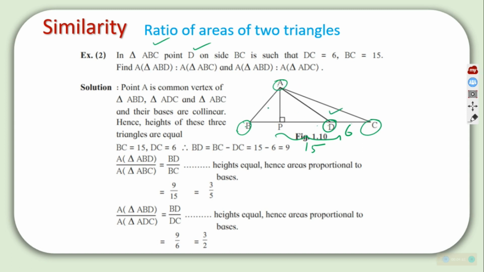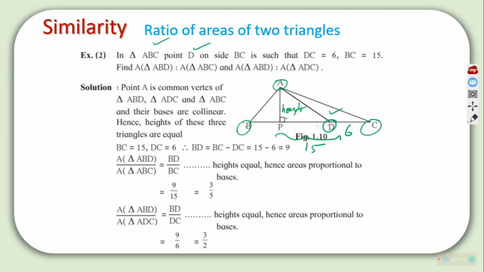So there are two comparisons asked. We know that this is the vertex and this is the height of all these triangles, whether it is ABD, ADC or ABC, all have common height. That is one of the important things you should understand. And all these points are on the same line, so that is the base.